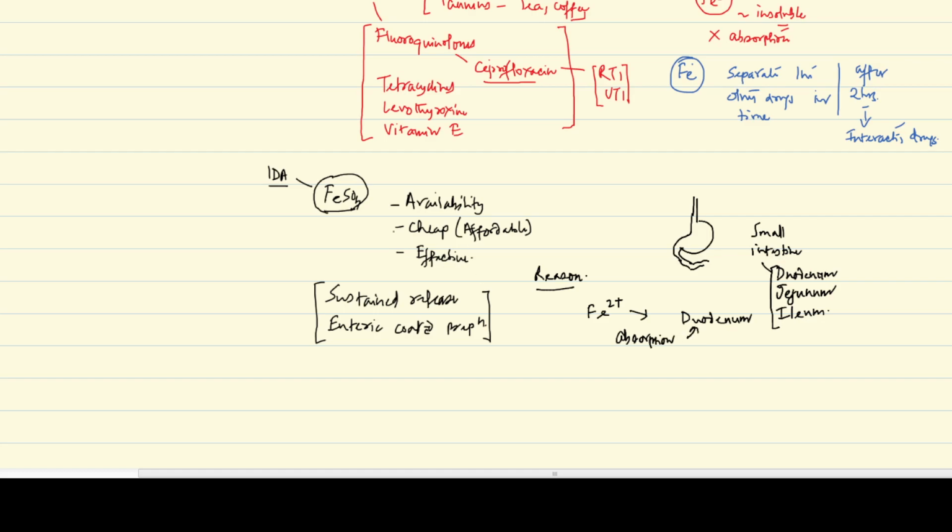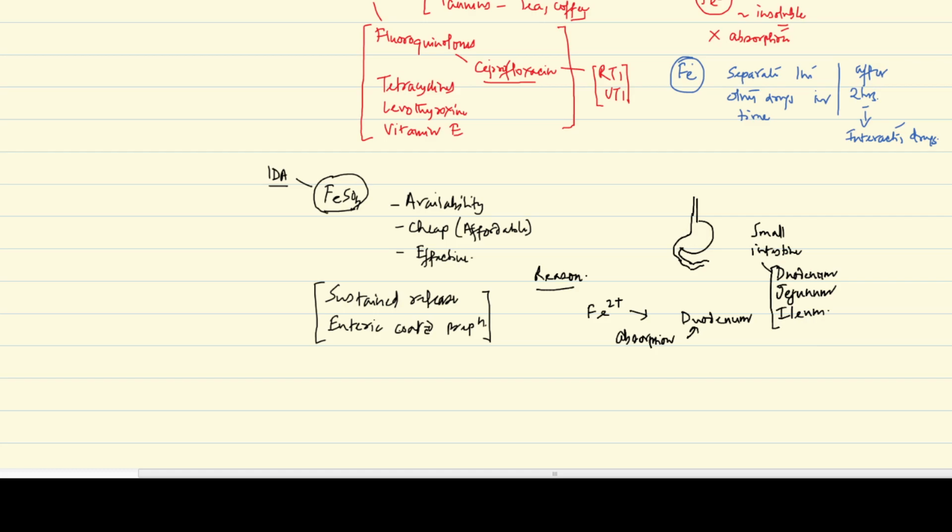So if you've got sustained release or enteric coated preparations, basically you've got a coating on top of the drug preparation, and that coating is supposed to be intact in the acidic pH of the stomach, but it gets degraded in the alkaline environment of the intestine. So if you consume enteric coated or sustained release preparations, they won't dissolve in the stomach.